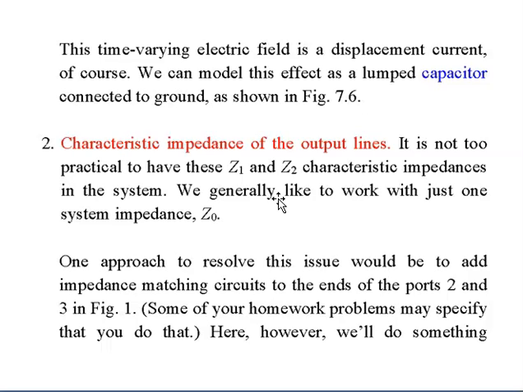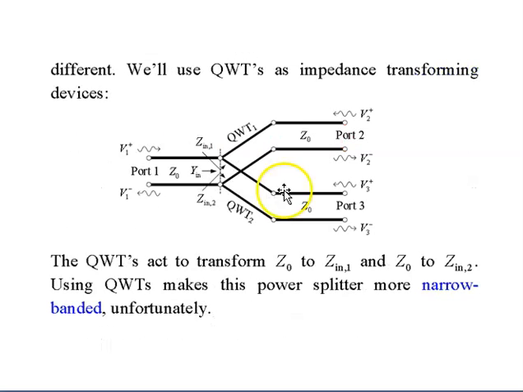One approach to resolve this issue is by adding an impedance matching circuit to the end of port 2 and port 3. Over here at port 2 and port 3, in order to make it match at the junction, what you have to do is have the quarter wave transformer, QWT.